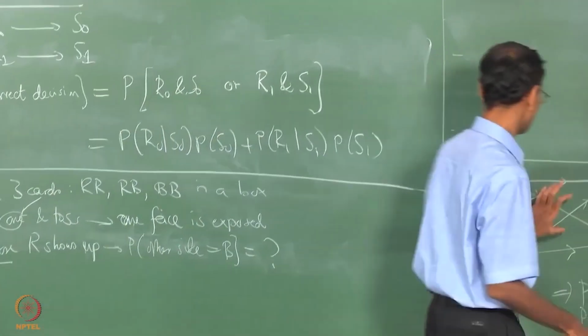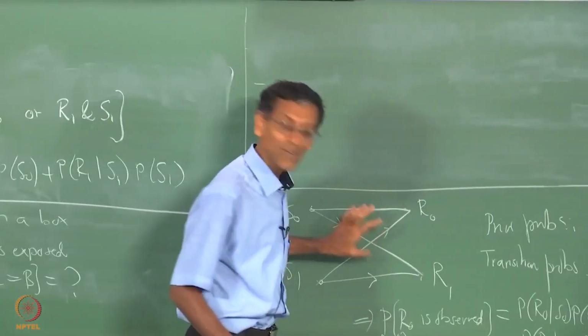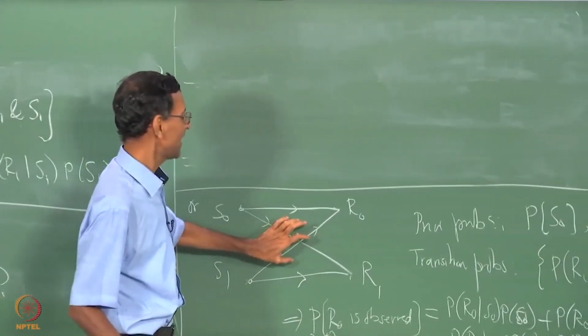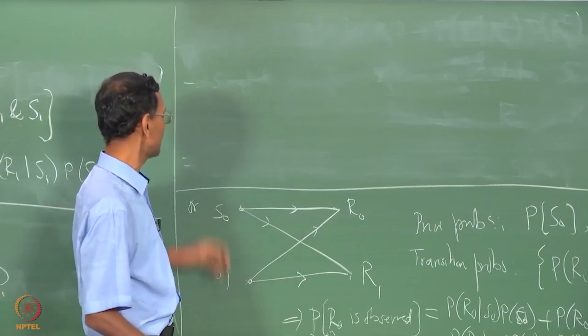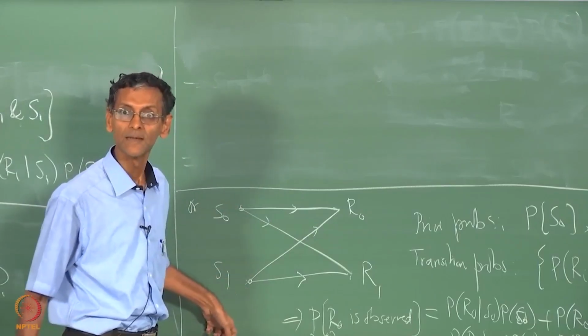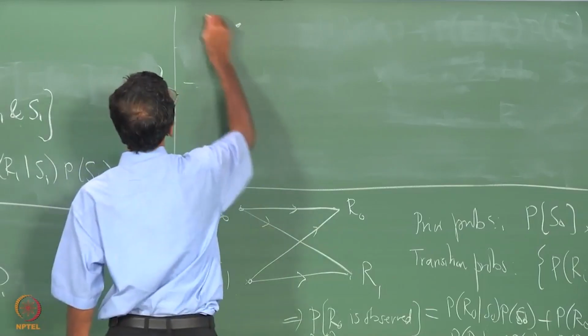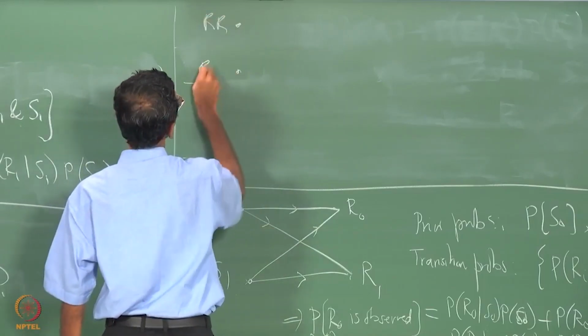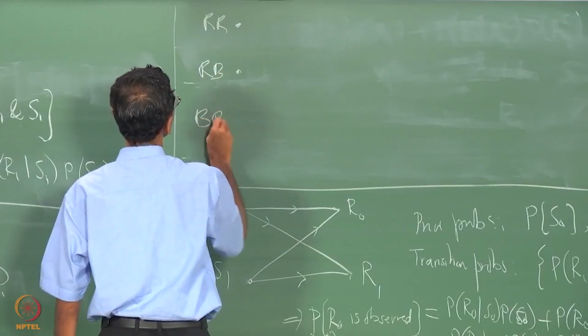So I will exploit that and draw a diagram here which is similar to this now, except now that we need 3 possibilities. So you have RR, RB, BB.